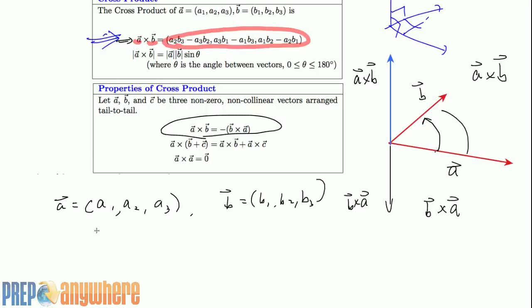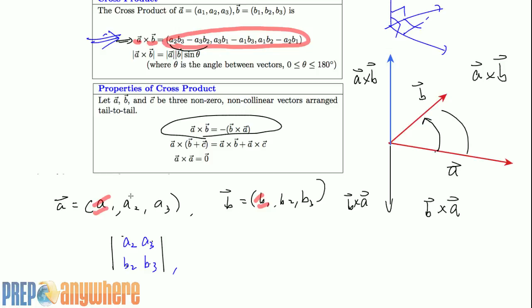If you want to know the first coordinate of the multiplication, this is what you do. You put 4 numbers after you cover the first one. So you get A2, A3, and B2, B3. Second one, same pattern.